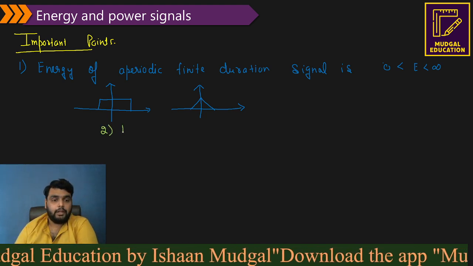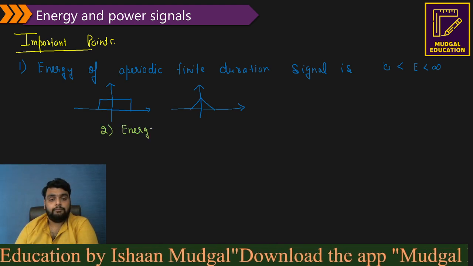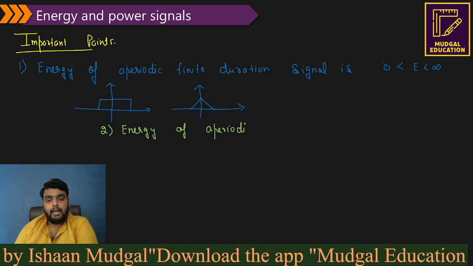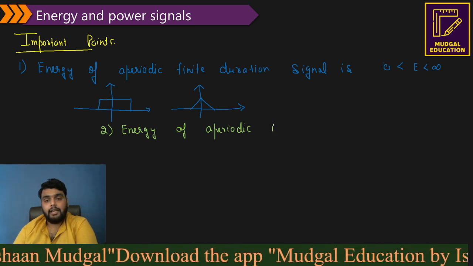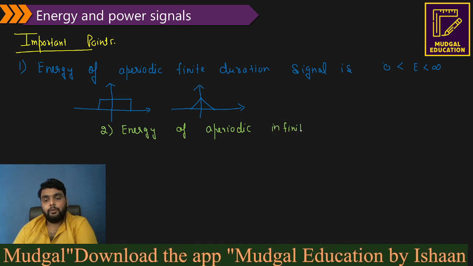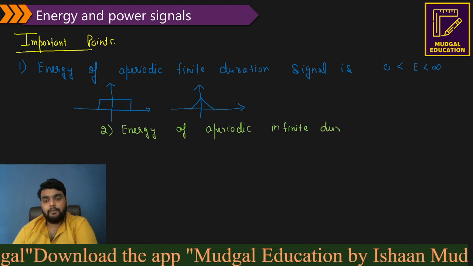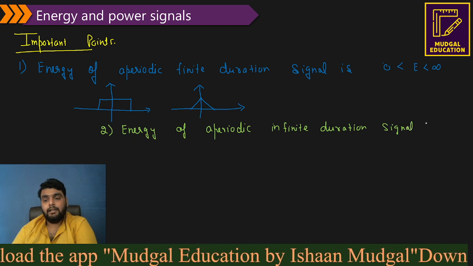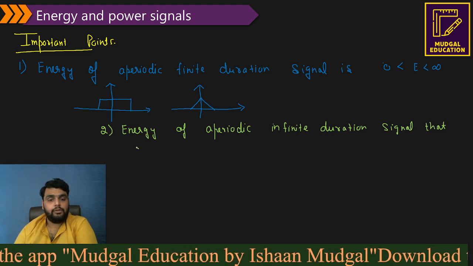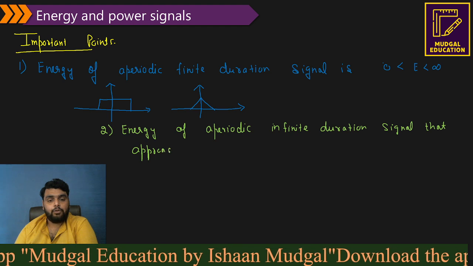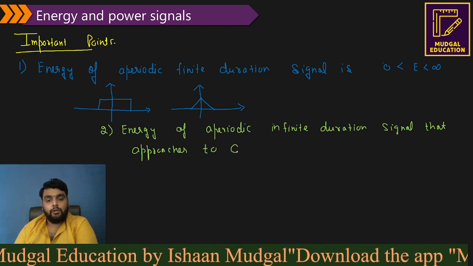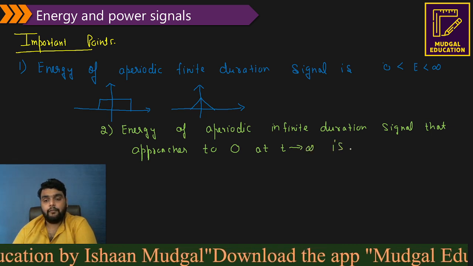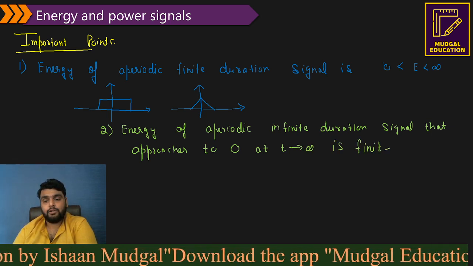Now second, energy of an aperiodic infinite duration signal that approaches zero as t tends to infinity is finite. Understand this very carefully.